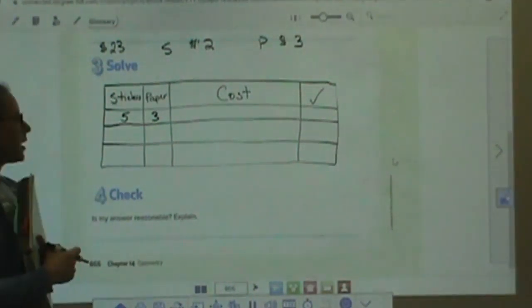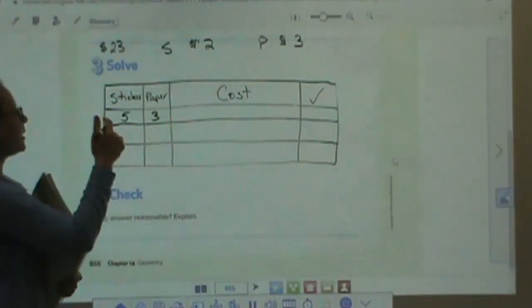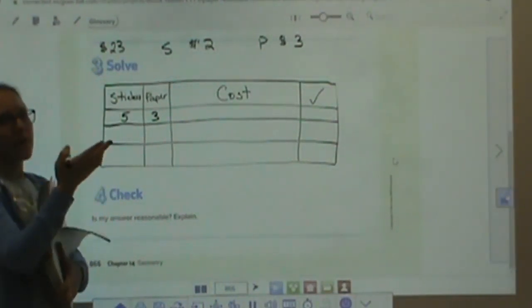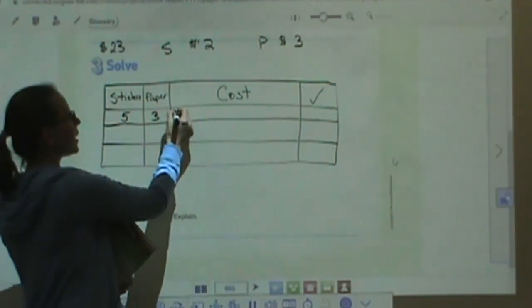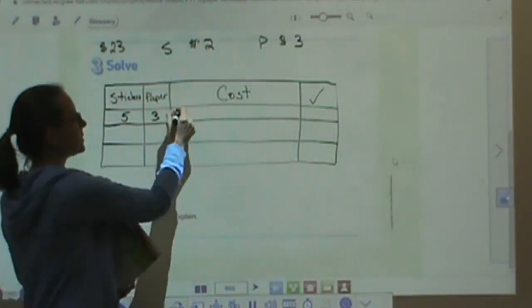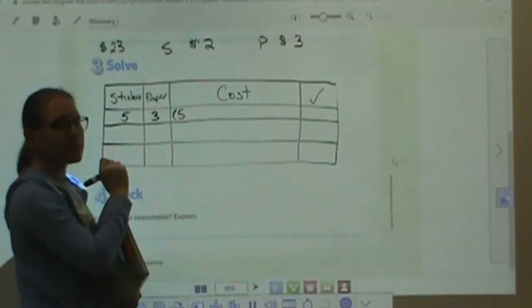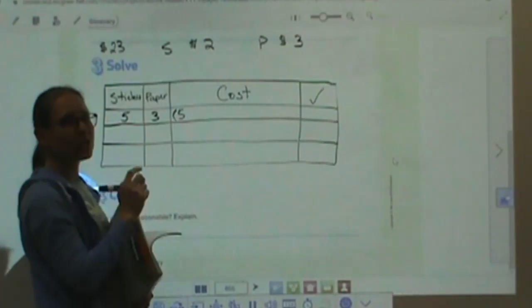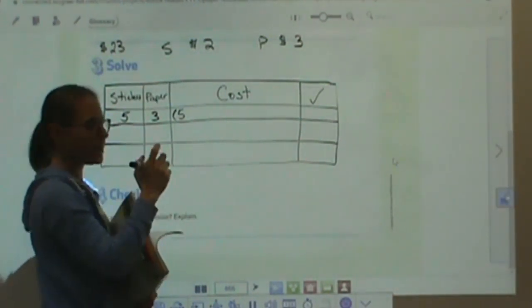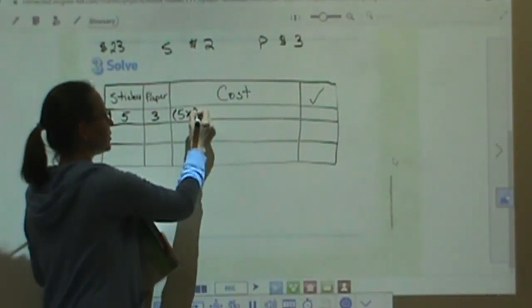Just like in the last one, we want to know how much do the stickers cost. So we're going to take our 5, make a parentheses. We have 5 sheets of stickers. We're going to multiply that by 2 because they cost $2 a sheet.